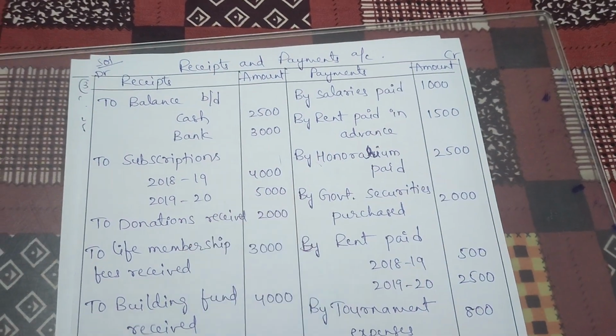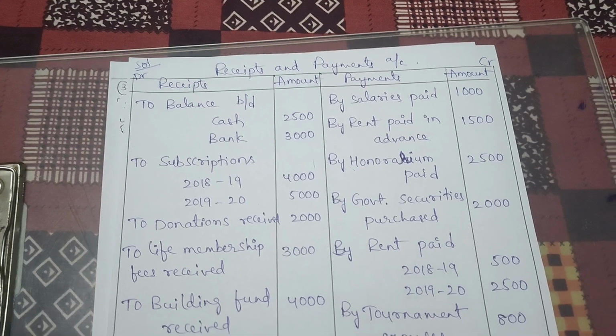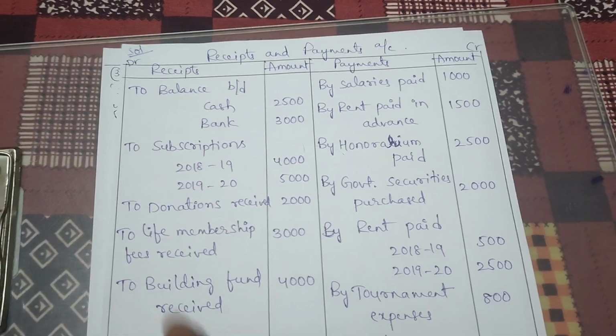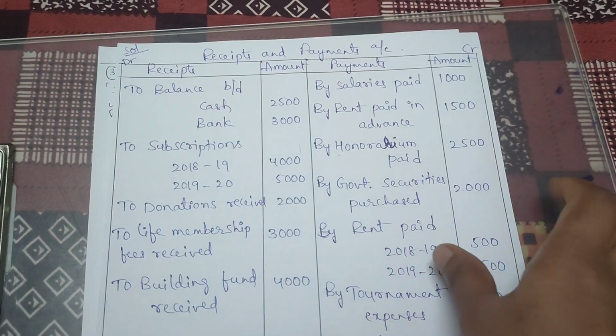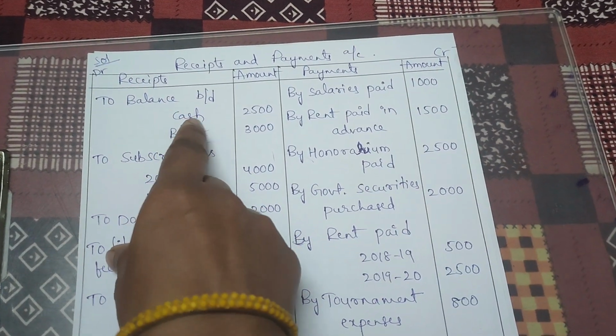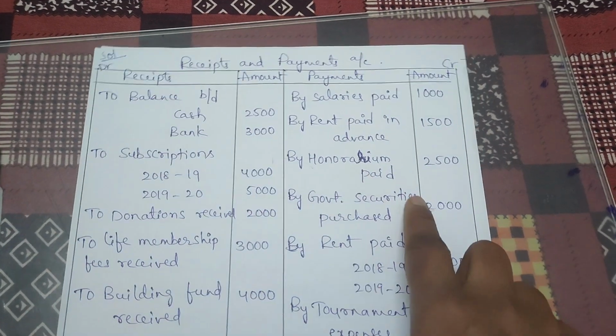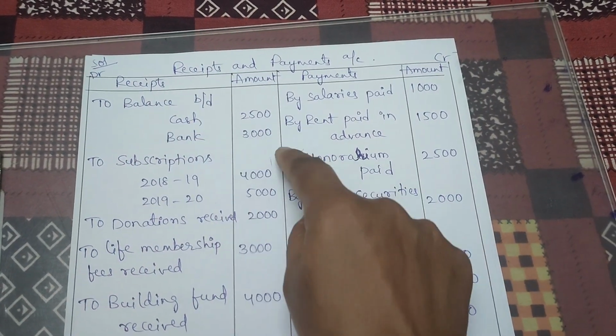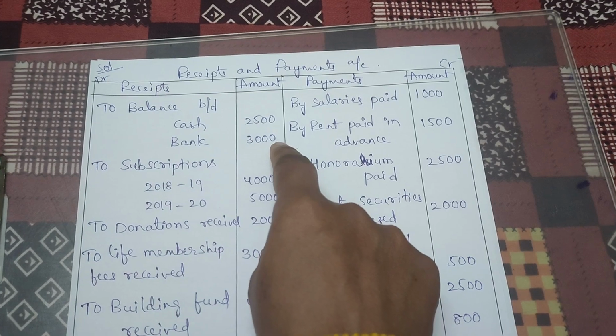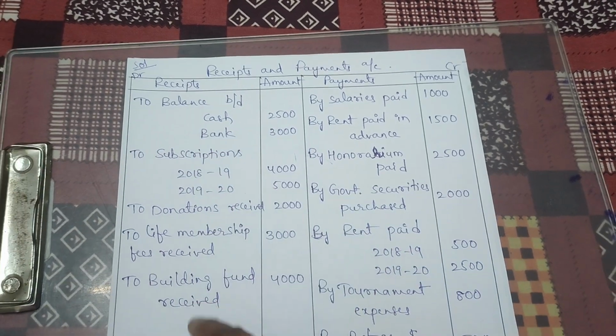Whenever you prepare this receipts and payments account, you should record on the debit side always the opening balances of cash and bank, and you should mention here "To balance brought down", and record those balances here as the first item always. And the remaining items are receipts.